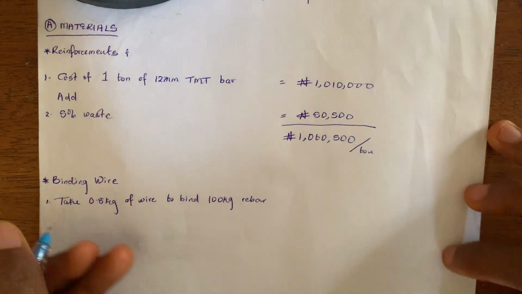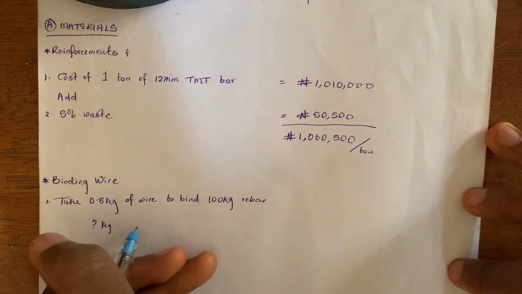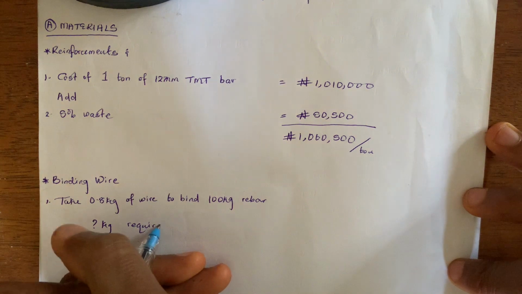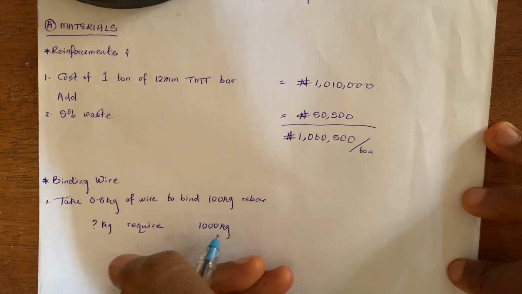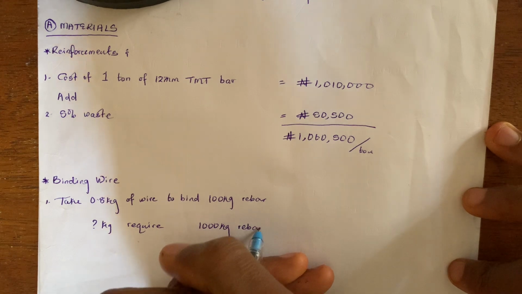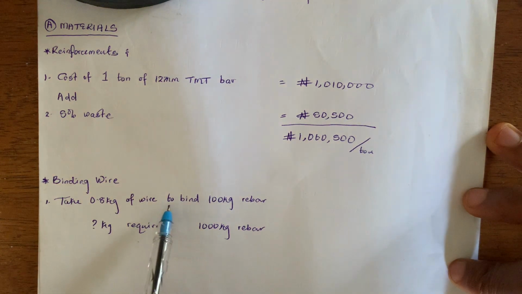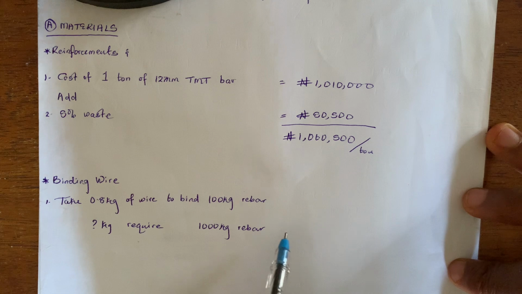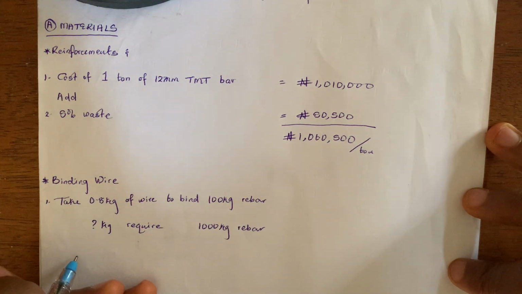So we can now say X amount of binding wire would be able to bind 1,000 kg of rebar. If 0.8 kg of wire will be able to bind 100 kg rebar, then how many kg of wire will be able to bind 1 ton of rebar?